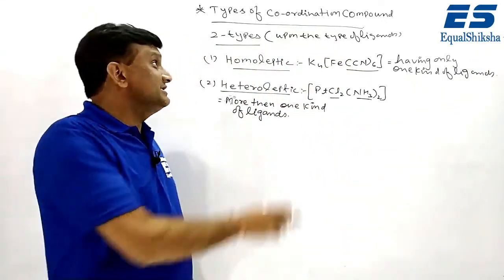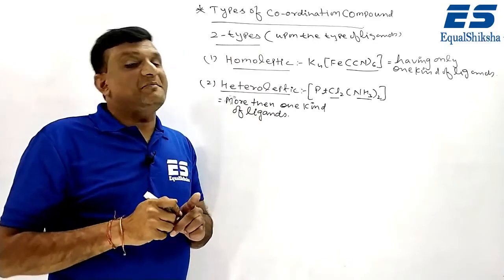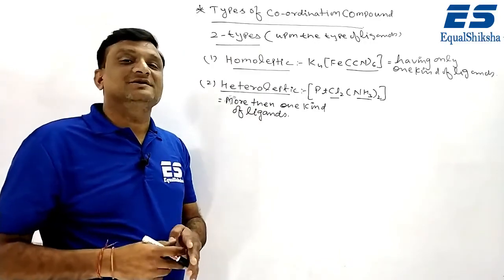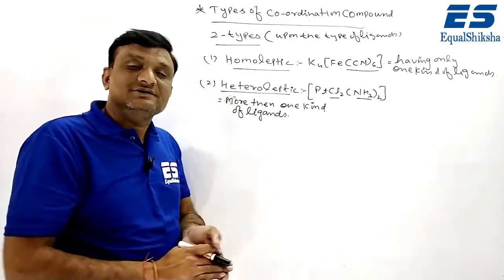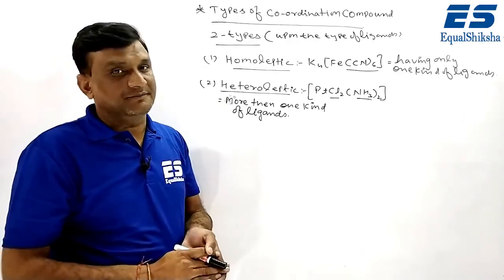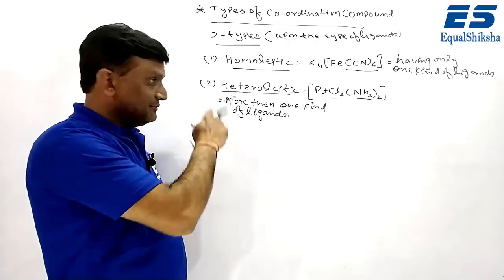So this was about some important definitions and parts related to coordination compounds or complex compounds. Is that clear? Got it.